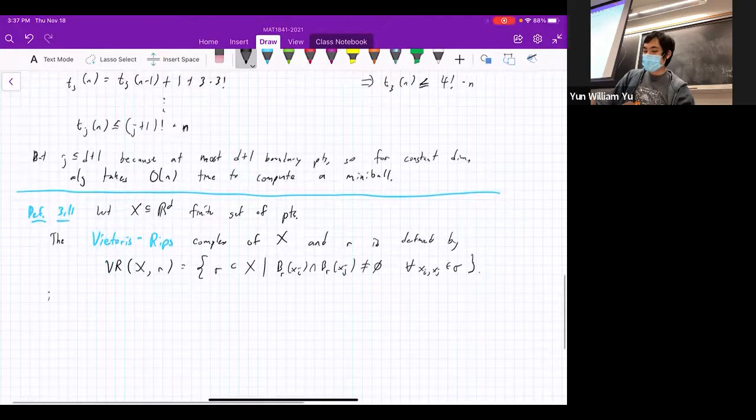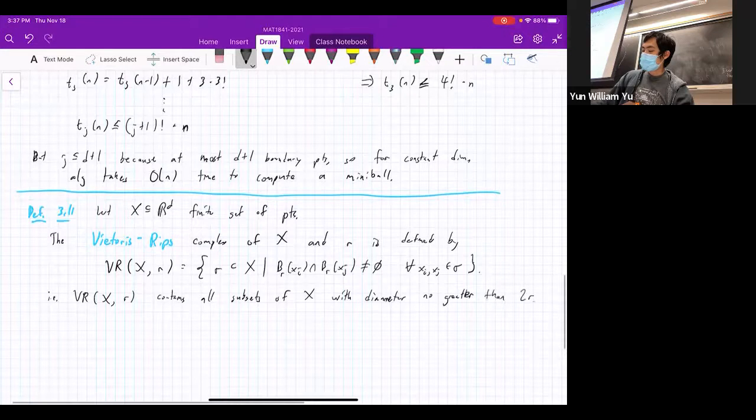That is to say, the Vietoris-Rips complex of X and R contains all subsets of X with diameter no greater than 2R.